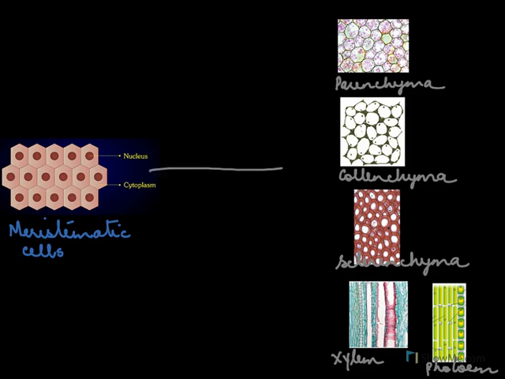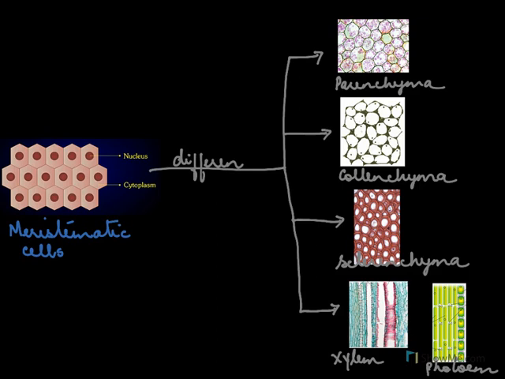So some of these meristematic tissues will turn into parenchyma, some will become collenchyma, the rest will turn into sclerenchyma, while some of them will turn into xylem and phloem. And in order to take up this specific function, they have to change the shape and size, and this process is called differentiation.